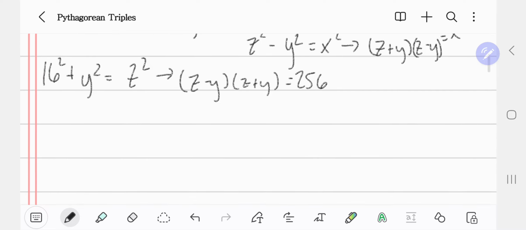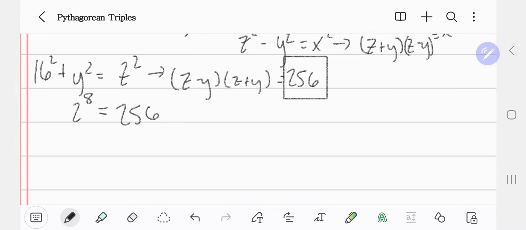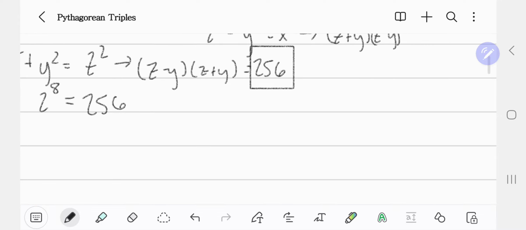Now we have to factor 256. As we know, this is a computer term, so we don't even have to think about the math. It's 2 to the 8th power equals 256. The factor pairs come from this.